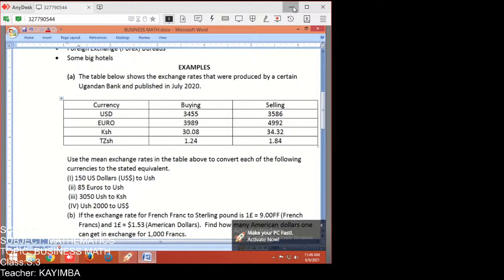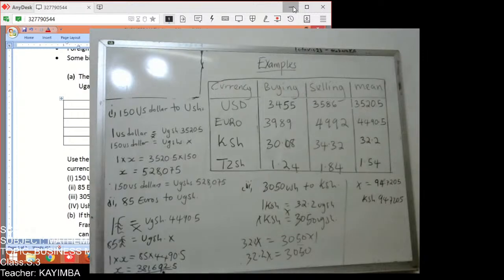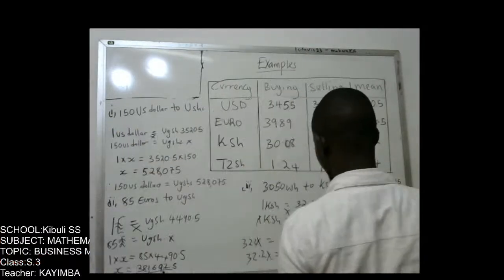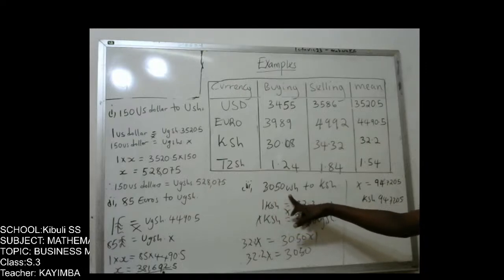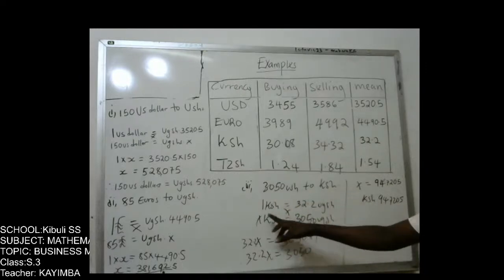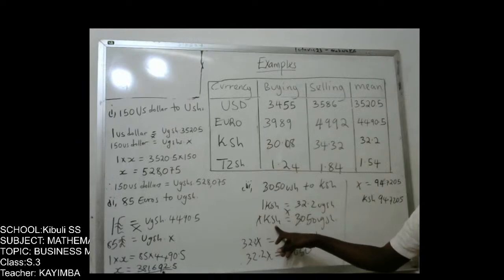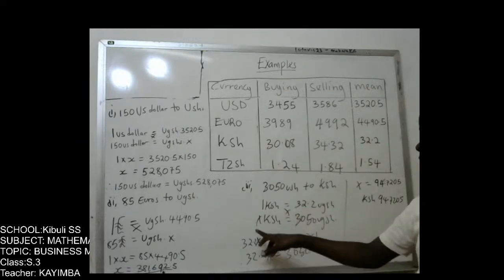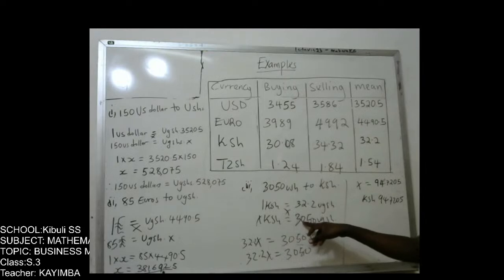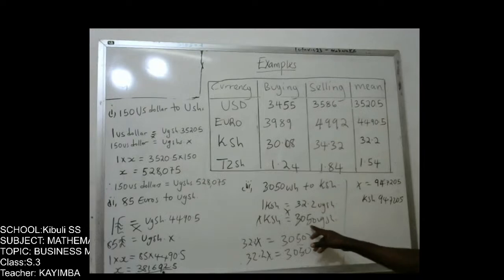Remember, this time round we are changing these Ugandan shillings to Kenyan shillings, okay? And 1 Kenyan shilling is equivalent to 32.2 Ugandan shillings. So x Kenyan shillings will be equivalent to 3050 Ugandan shillings. So we cross multiply.